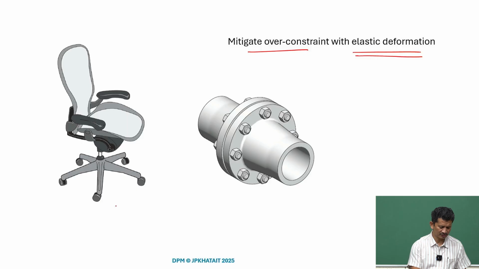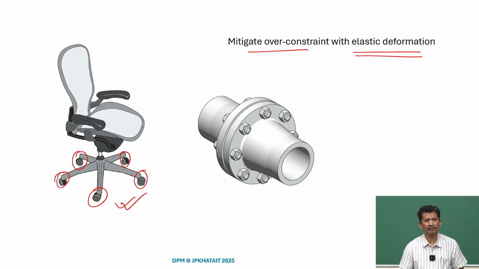For instance, chairs have many contacts. In this case we have 5 contacts, but they all have some elasticity, and because of that the chair makes contact with the surface even if it is not flat, and we can avoid rocking. Another example is the bolted flange.